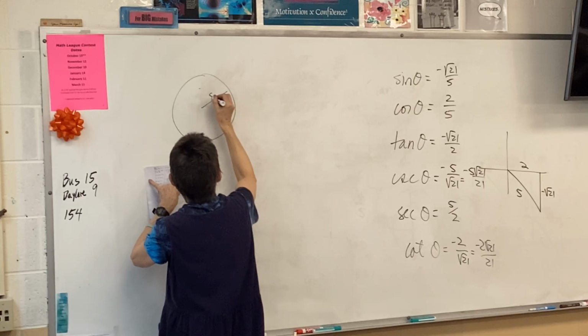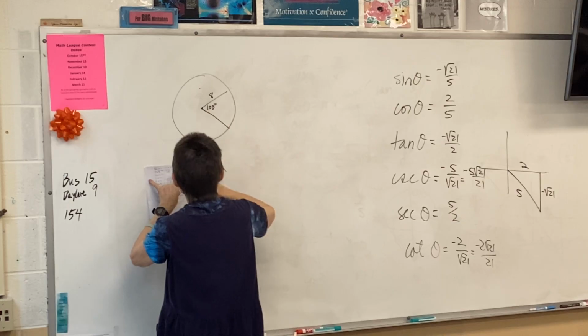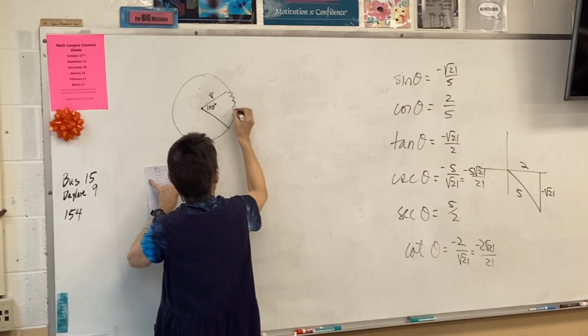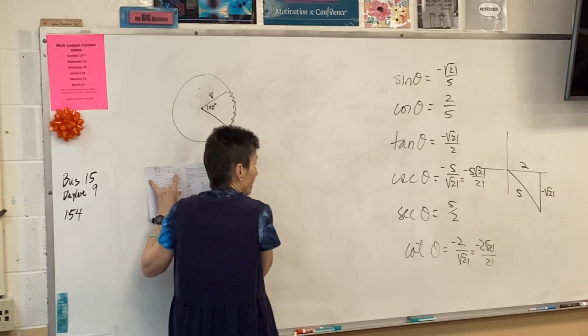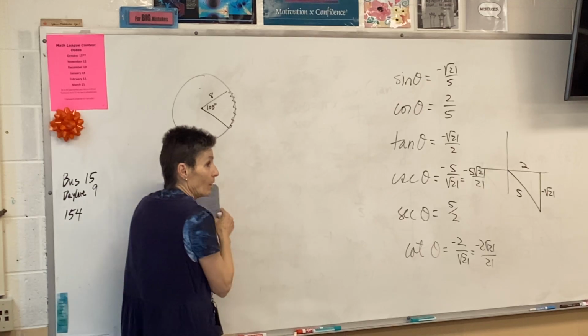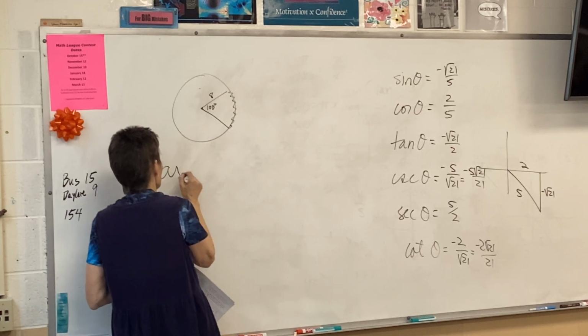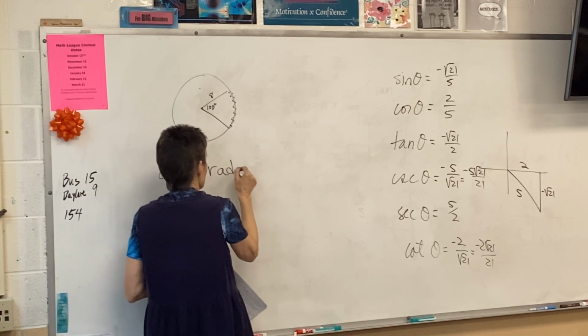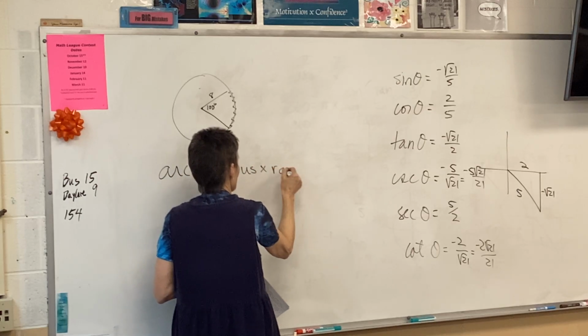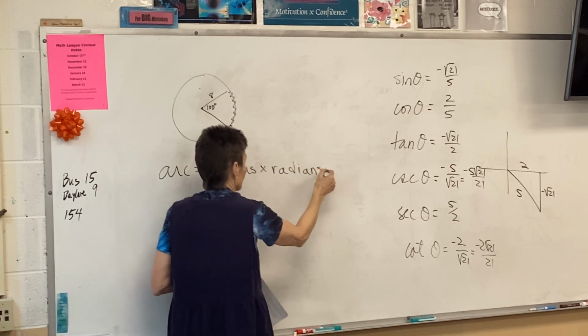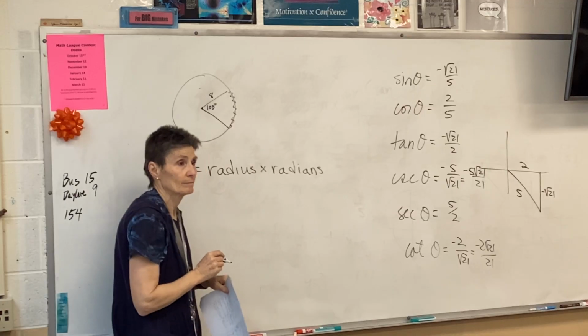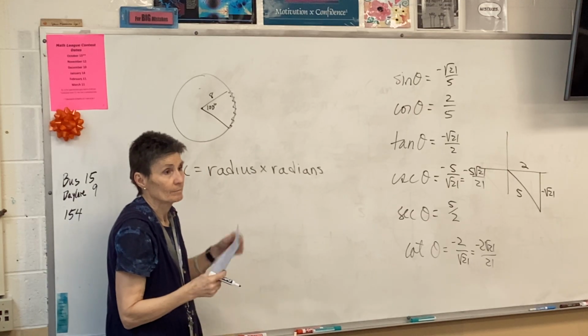Got a radius of 8, an angle of 100 degrees, and I want to find the arc length. Arc length, what does arc length equal? Radius times radians, right?